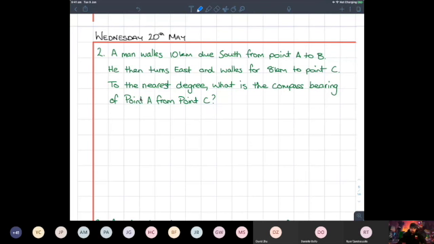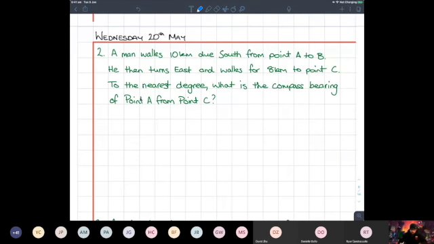The third sentence states, to the nearest degree, what is the compass bearing of point A from point C? So the third sentence tells us to do something. So let's go ahead and draw a diagram.